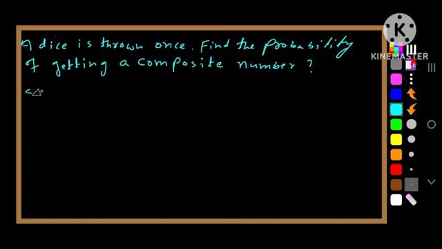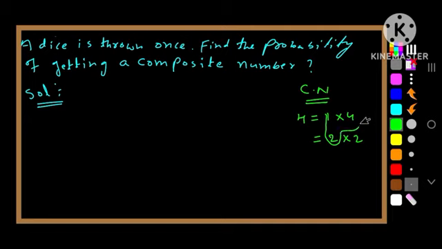So first of all, we should know what a composite number is. A composite number is a number which has more than two factors. For example, if I take 4, the factors of 4 are 1 and 4, 2 and 2. So you can see how many factors are there? 3 factors are there.